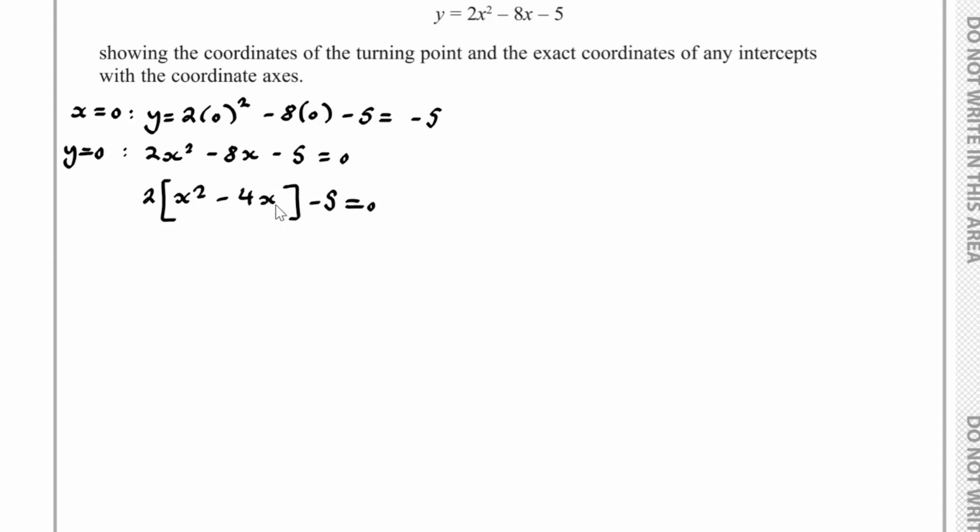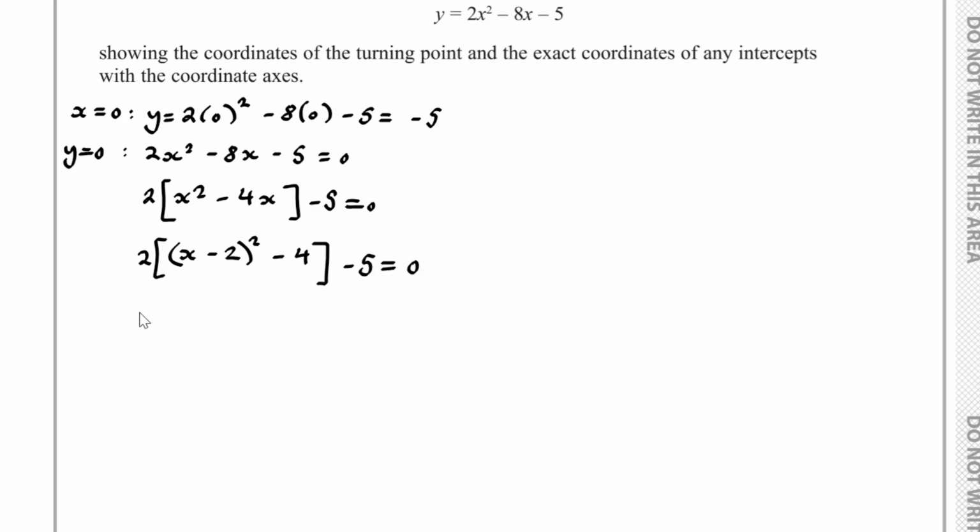And the reason I want to do this is because I can now complete the square of this big bracket. So if I complete the square of the big bracket, we have the coefficient of x, so we have the minus 4, which is minus 2. So we have x minus 2 all squared minus the square of minus 2, which is minus 4. And then we still subtract off 5 and all this is equal to 0.